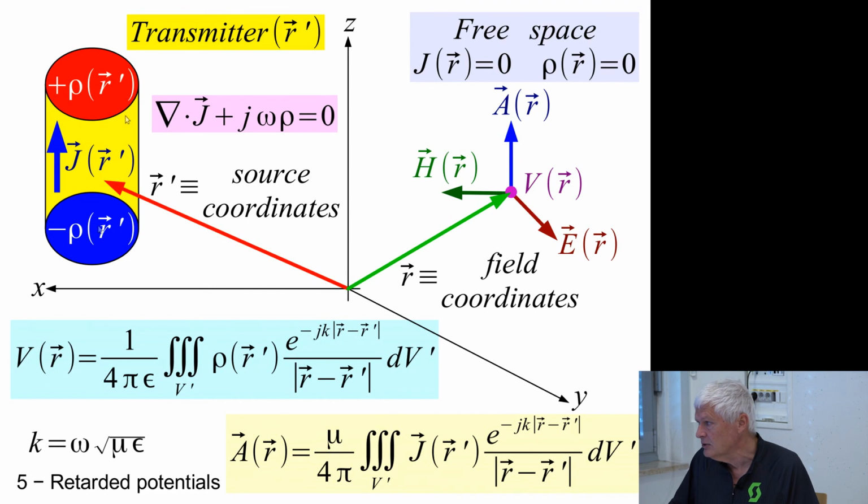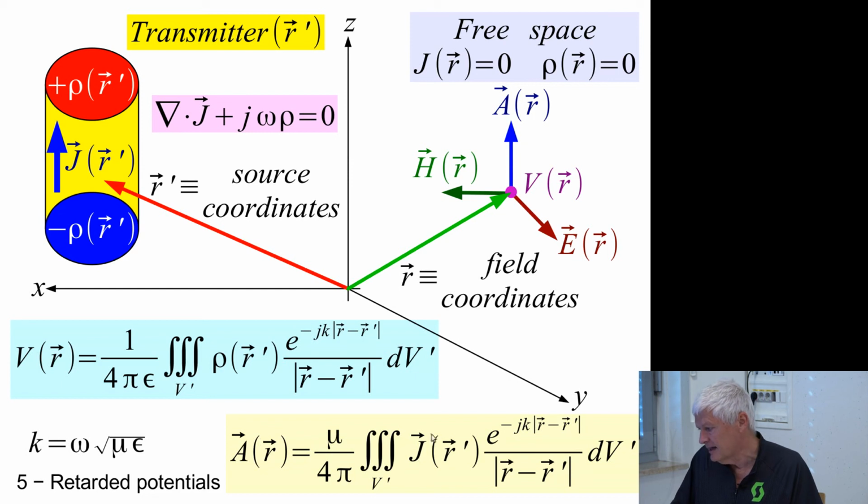Outside this source, we have free space. So here we have free space with no currents and no charges. There are analytical solutions that are quite useful for us. Why? They contain integrals over the sources. So we sum the influence of all the charges to get the scalar potential. We sum the influence of all currents to get the vector potential.